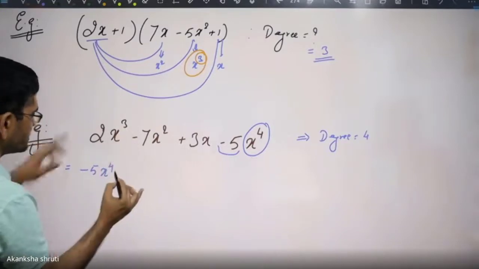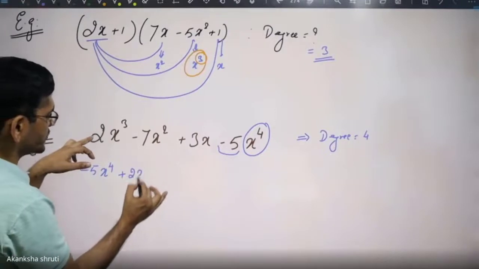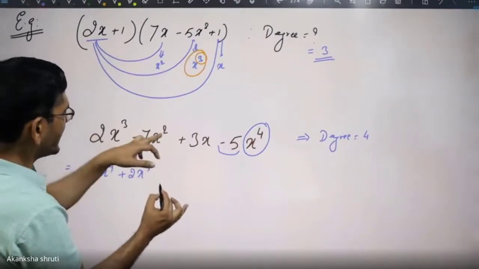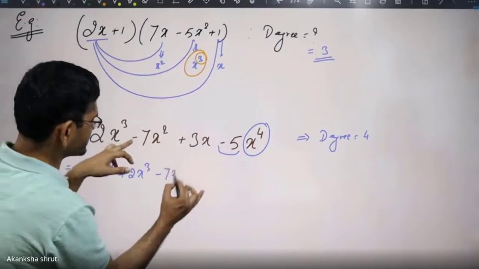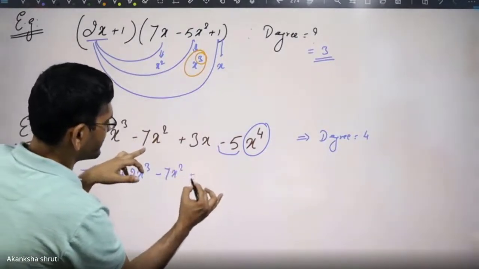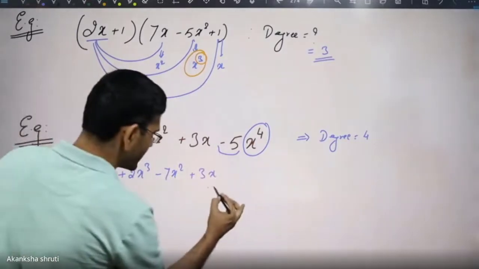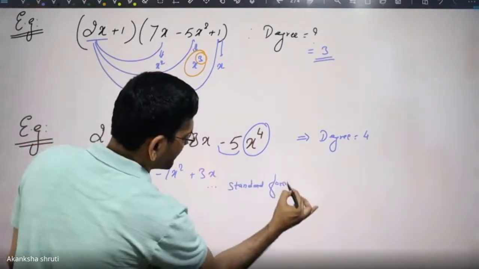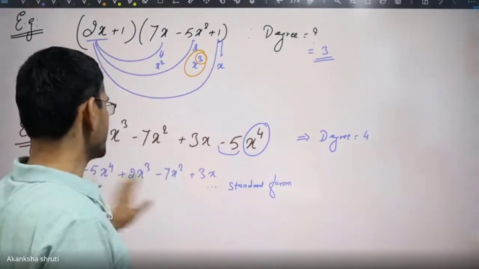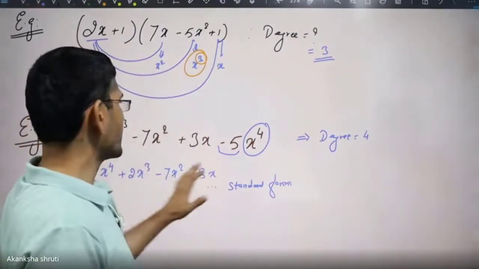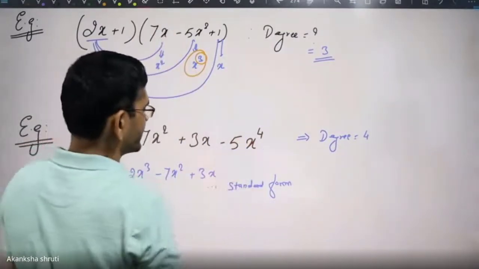Next, the default sign for this 2 is positive, so 2x cube. Next, for x square, it is minus 7x square, plus 3x. So this is the standard form, meaning decreasing order of the power of the variable.